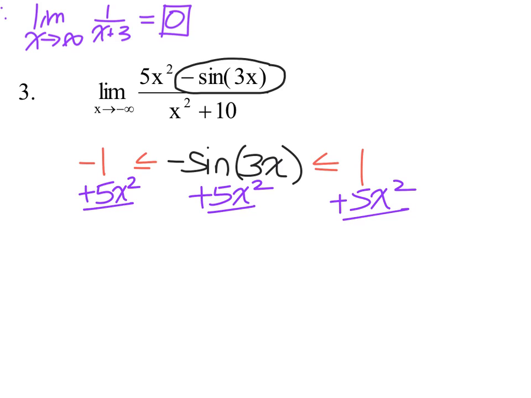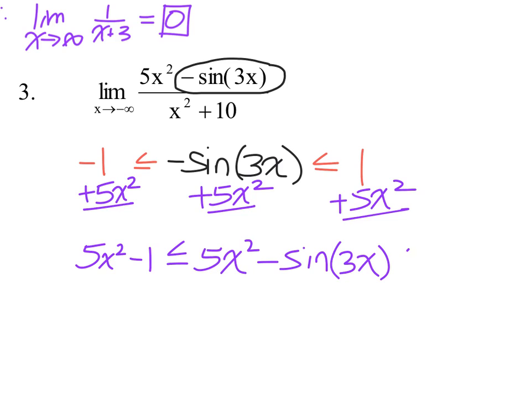All right, so we're looking at 5x squared minus 1 less than or equal to 5x squared minus sine 3x less than or equal to 5x squared plus 1. All right, and then divide out.